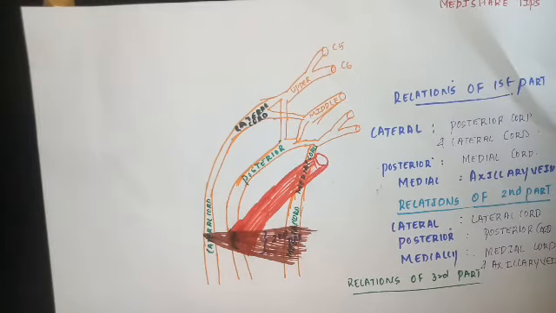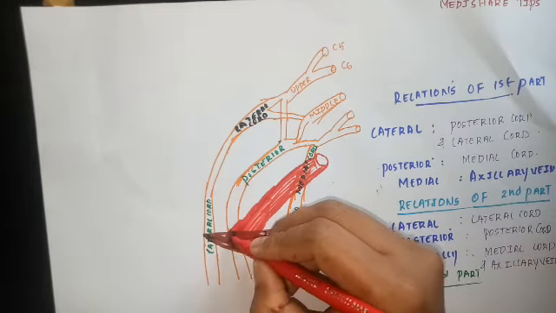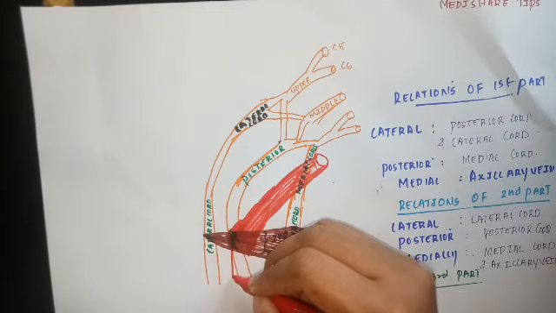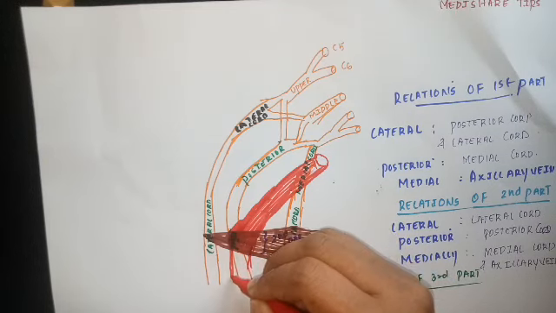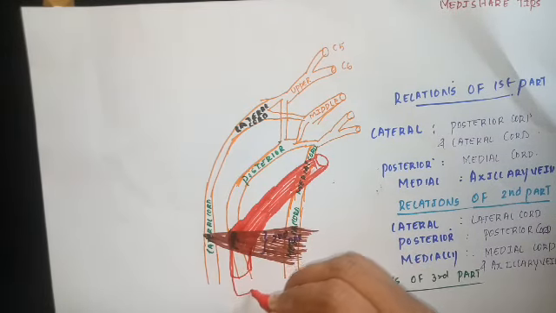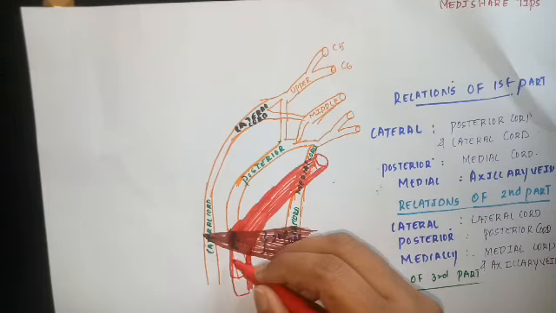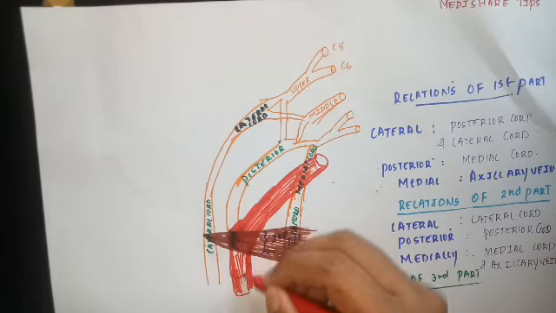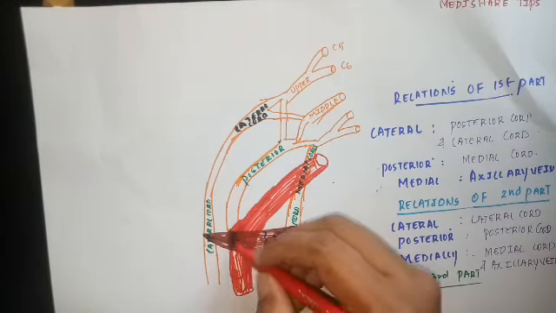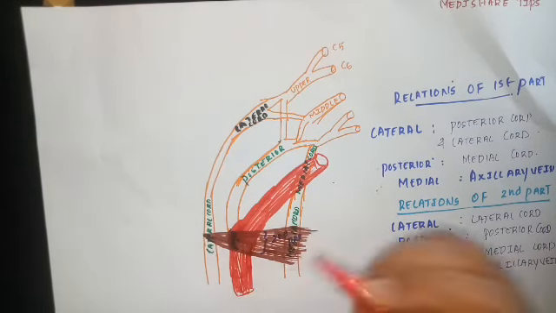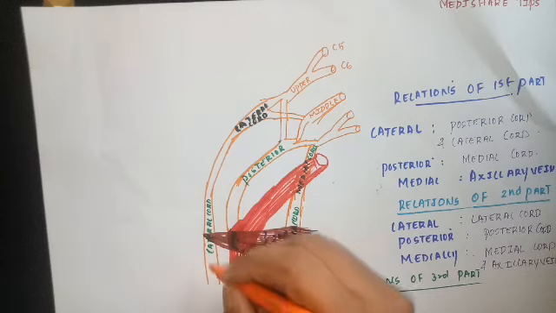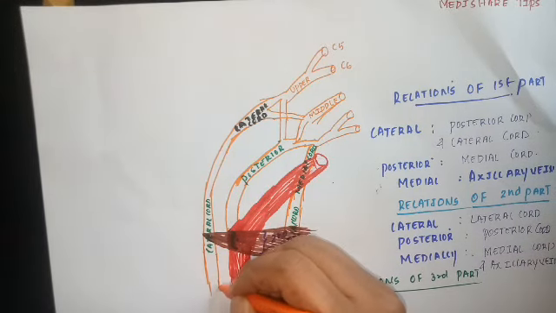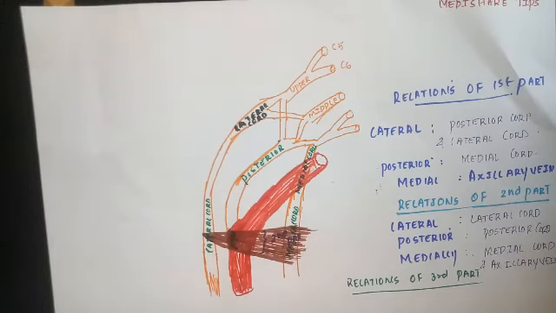So, the axillary artery lies like this. There is a branch of lateral cord coming here, that is the musculocutaneous nerve. This is the musculocutaneous nerve.